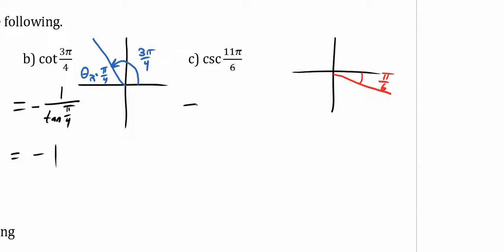And so cosecant is the reciprocal of sine. Sine is negative in that quadrant. So this is negative 1 over the sine of pi by 6. All right?